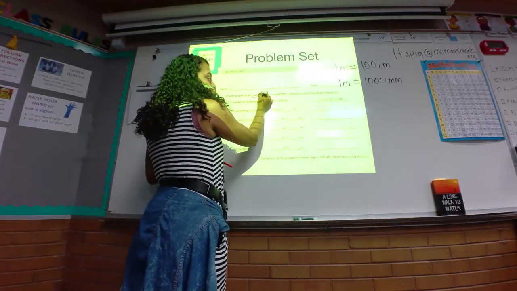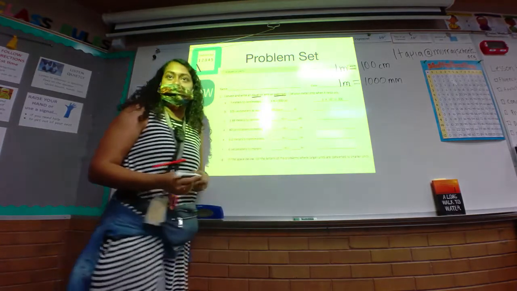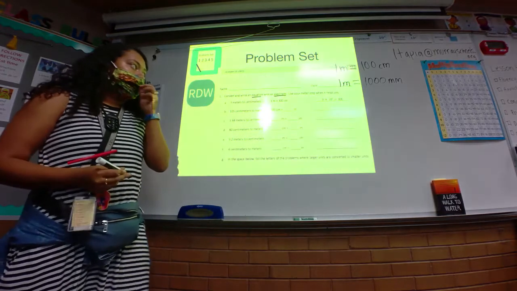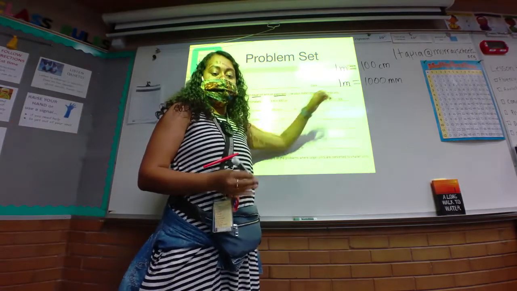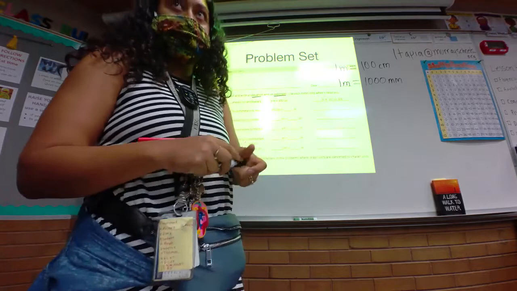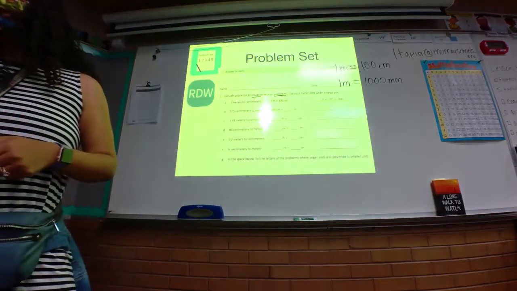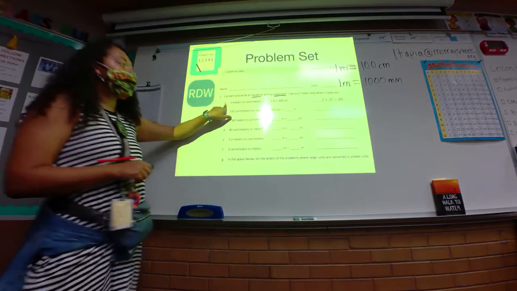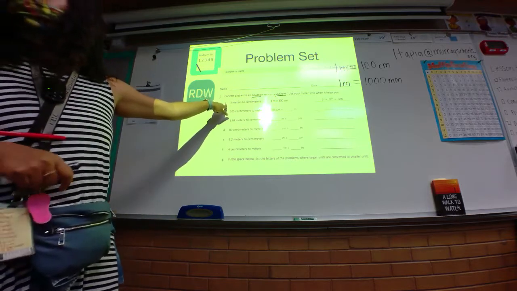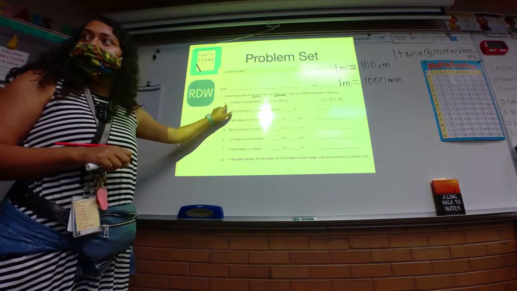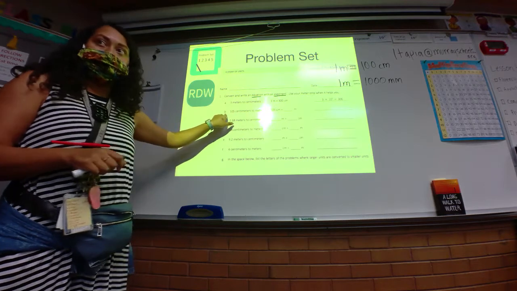So you need to write an equation and it has to have an exponent. Use your meter strip when it helps you. Ready? Okay, problem 1A. I think that one is the example. So look at the example so that you can start looking at problems 1B.